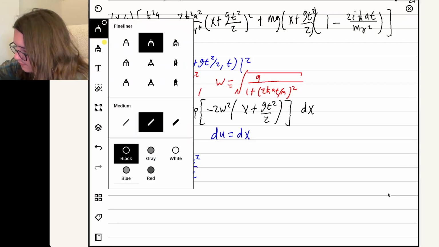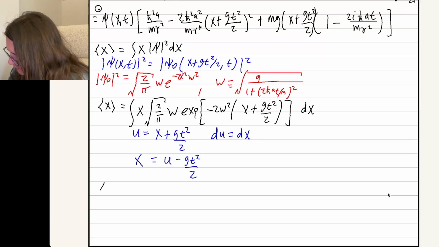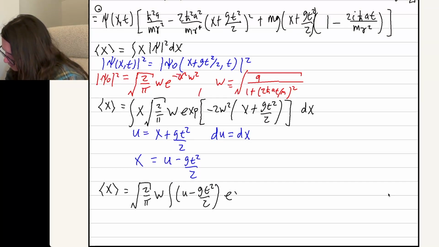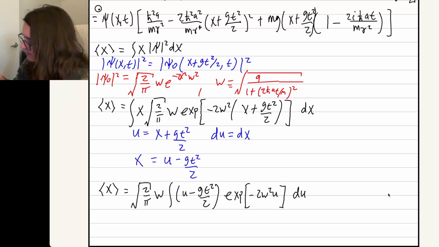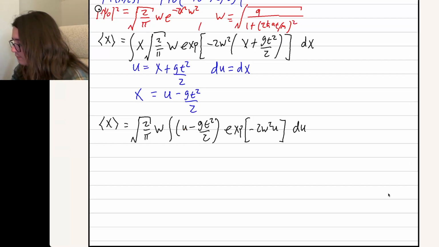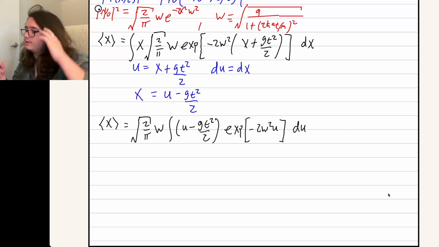Plug that into our expression for x, and we get square root 2 over pi w integral u minus gt squared over 2 times exp of minus 2w squared u squared du. This is cool because the exponent is an even function, u is an odd function, so if you multiply those two together and integrate them, you're going to get 0.